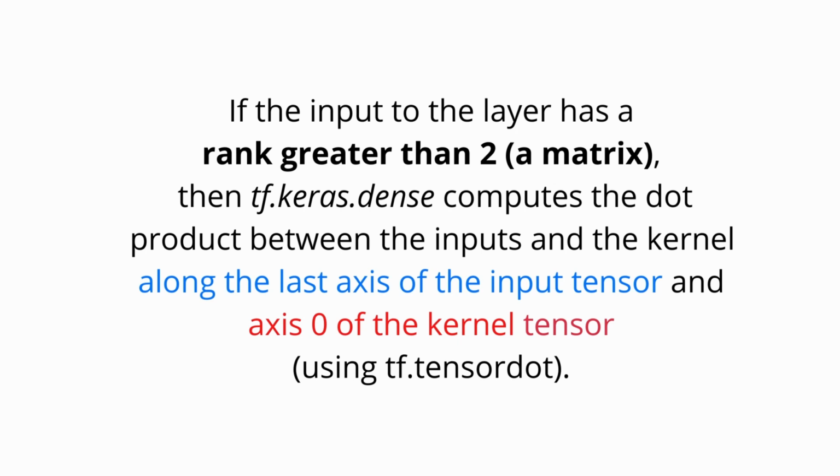And now the axes are along the last axis of the input tensor and the first axis, axis 0, of the kernel tensor. And now we know how the tensor multiplication is performed along what axis of what tensors. And this is great because this is already defined for you in Keras. You do not have to take care of this.